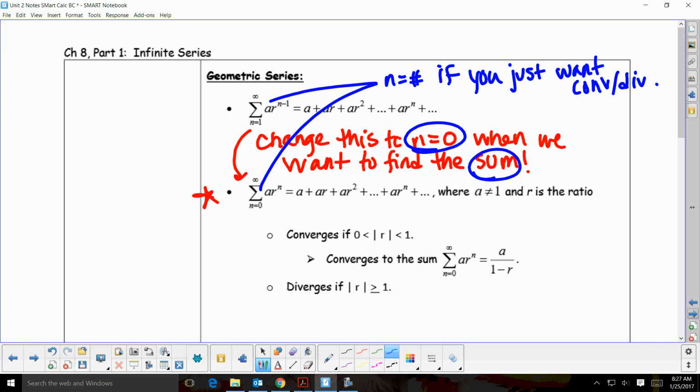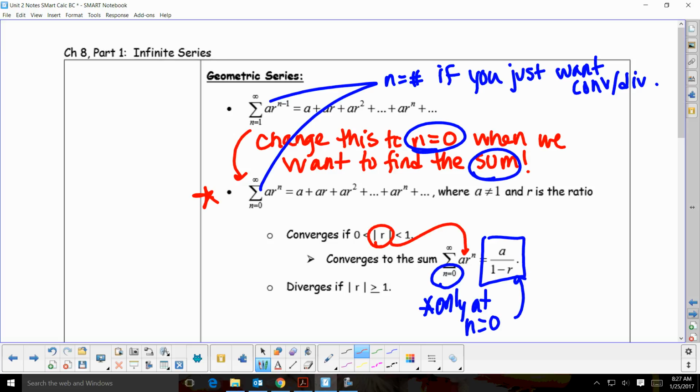Okay, so when it does start at 0, then I get what the sum is by this little formula: a over 1 minus r. Not only does it have to start at 0, but the absolute value of r has to be less than 1, but greater than 0.